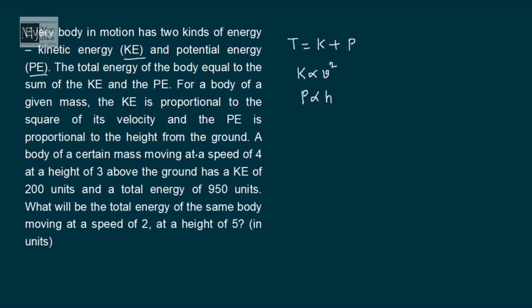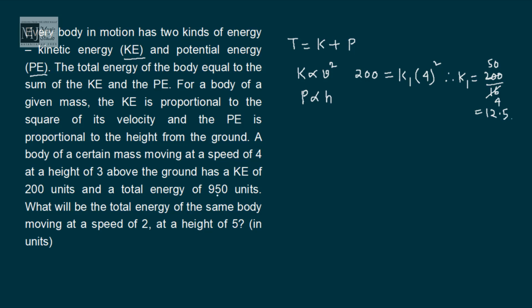A body of a certain mass moving at a speed of 4 and at a height of 3 above the ground has a kinetic energy of 200 units. So 200 units kinetic energy, let it be K1 into velocity squared. Velocity was 4 units, 4 squared. That means K1, constant 1 for the first frame, is 200 by 16, that is 12.5.